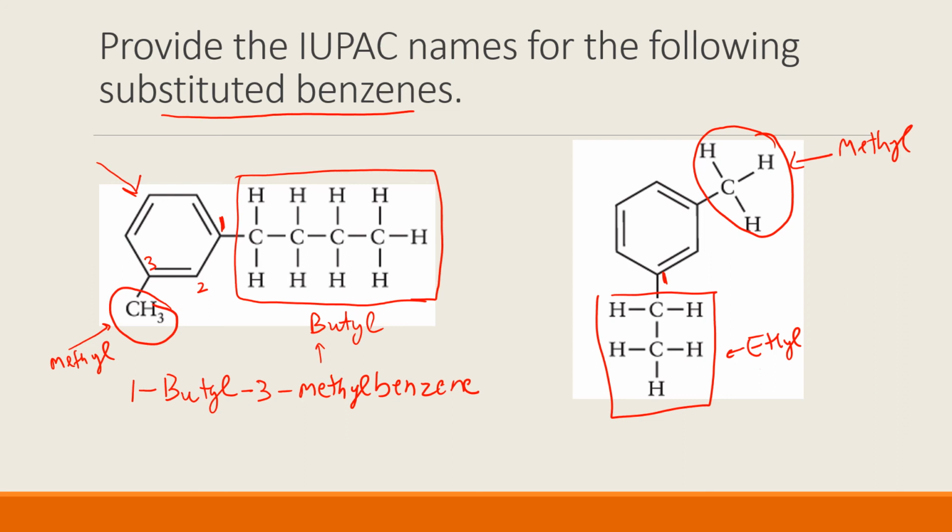Now if we count clockwise, so 2, 3, 4 and 5, methyl gets number 5. However, if we count anti-clockwise, then methyl gets number 3, which is correct. So when we assemble the name together, ethyl comes first, so it will be 1-ethyl-3-methylbenzene.